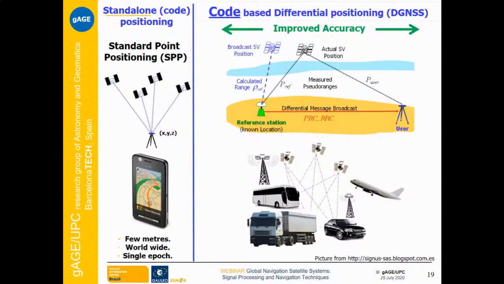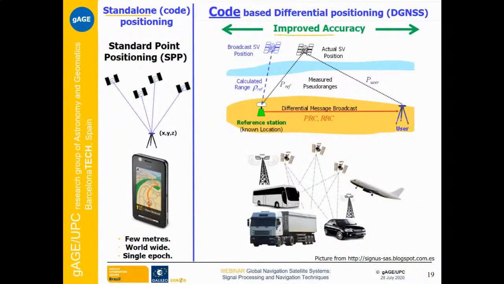We can immediately, after turning on the receiver, have the final positioning. We will see that in the next positioning techniques, this is not the case. Then, on the right-hand side, we have this differential GNSS positioning that is based on the code.